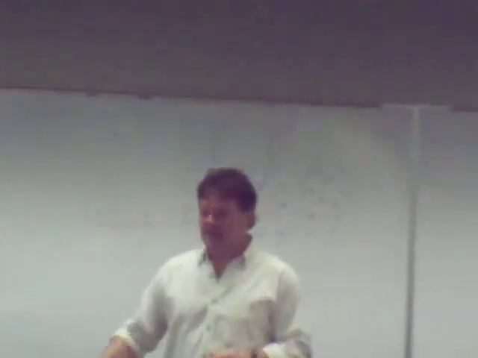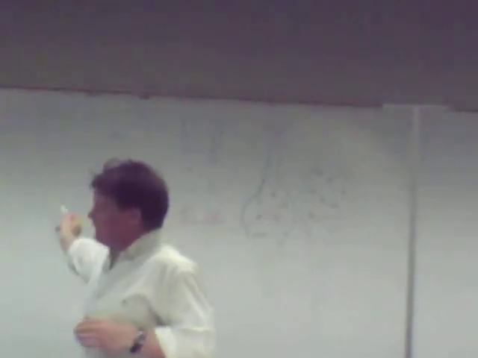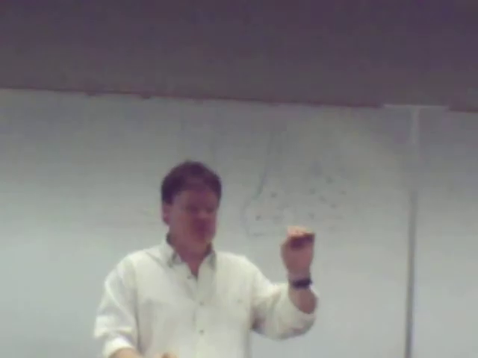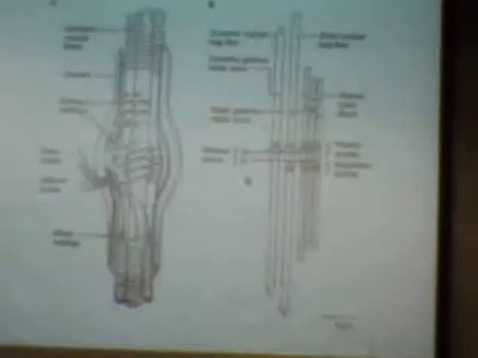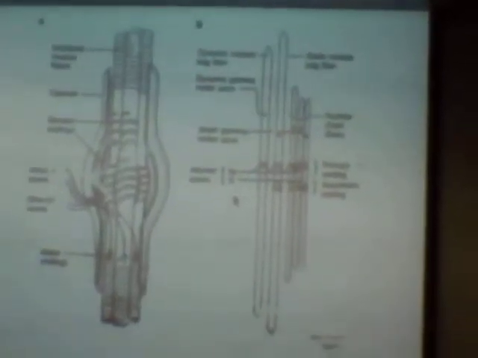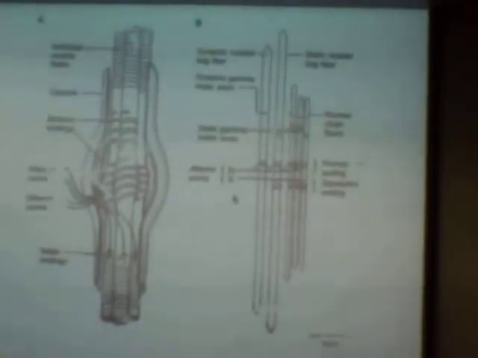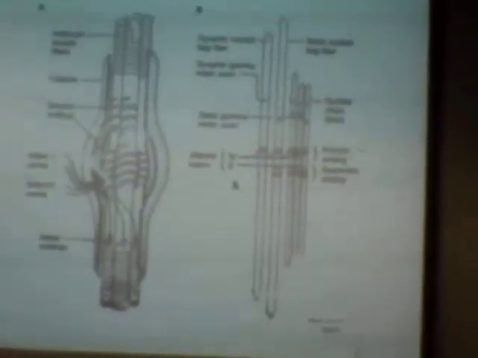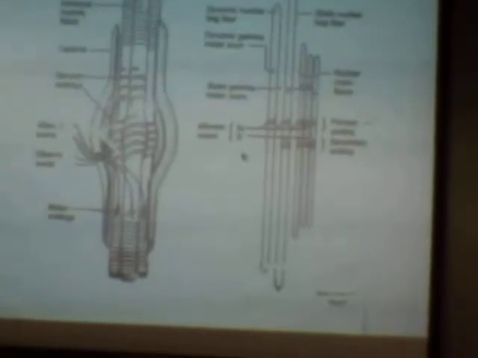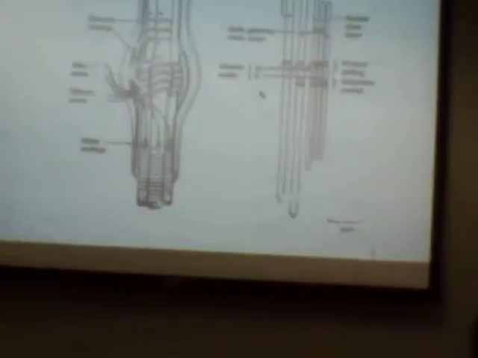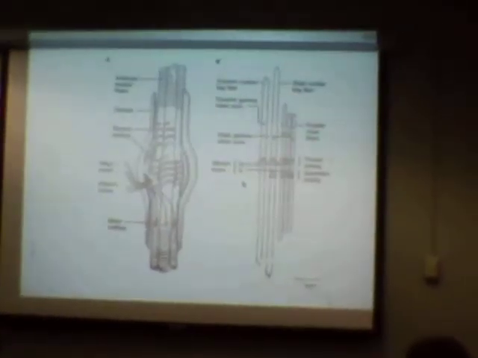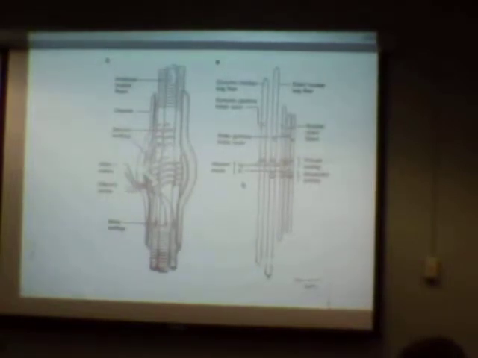The 1A fibre, I haven't shown this diagram here, but the 1A fibre has branches that go to every single type of intrafusal fibre. The 1A fibre has receptor terminals on all of them. Nuclear chain fibres, the static bag, the dynamic bag, has a receptor on all of them. Okay?